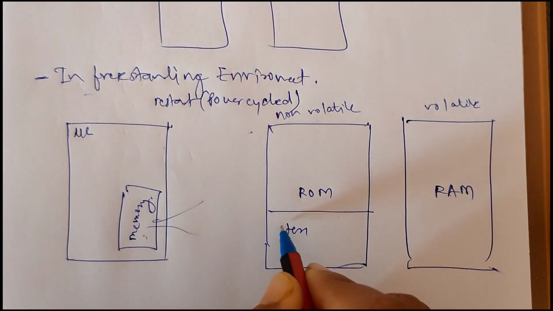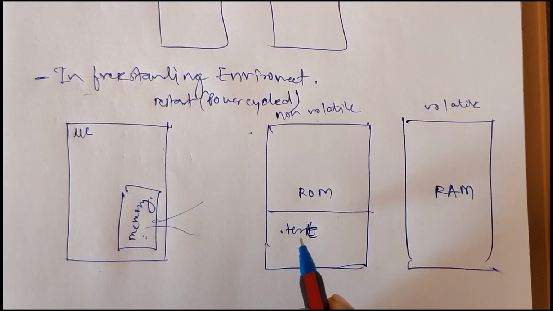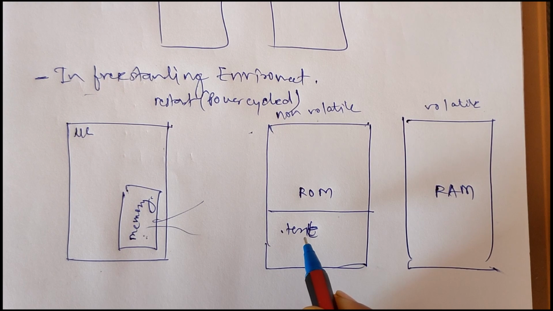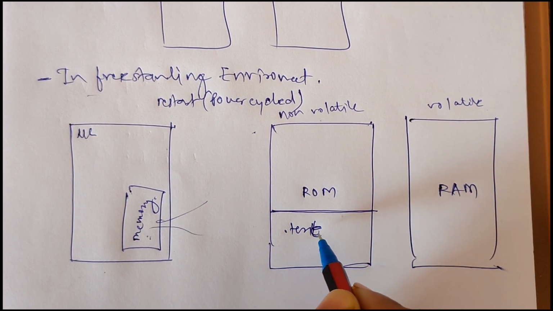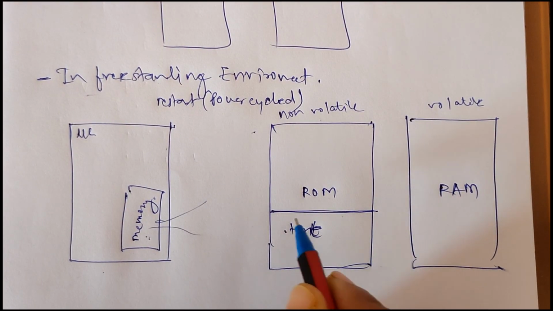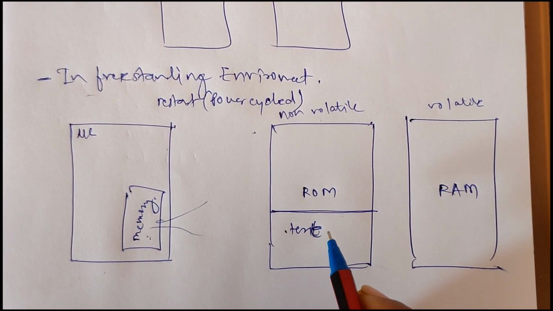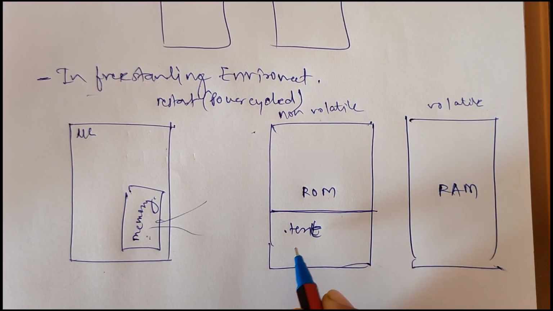In ROM we have the dot text section. We're going to discuss the dot text section also. I'm just taking the name dot text section here. So I'm putting my program inside this ROM dot text section.